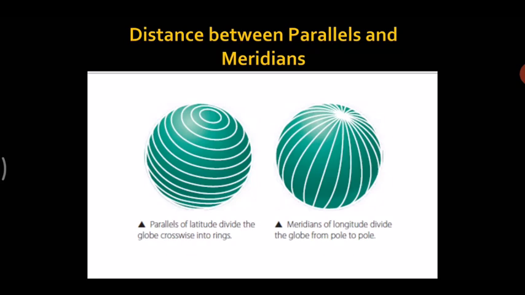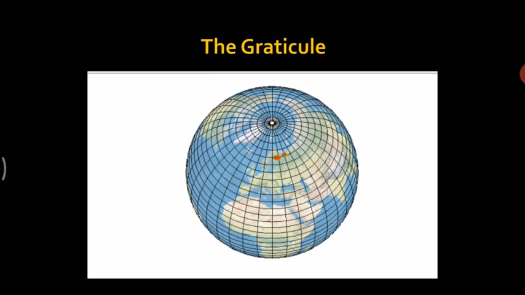The parallels and the meridians intersect each other at right angles. The network of parallels and meridians, all these lines together on a globe, is called the Earth's grid. When you see all these lines together, they form a grid. We'll move to the next slide.